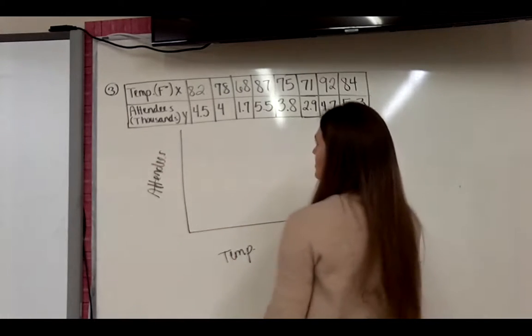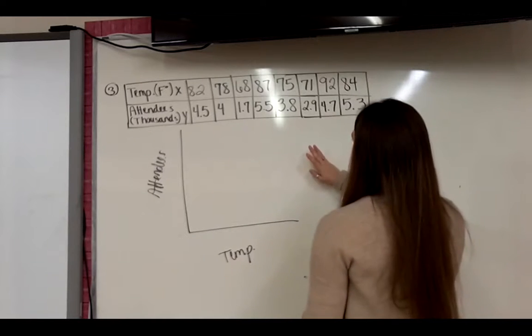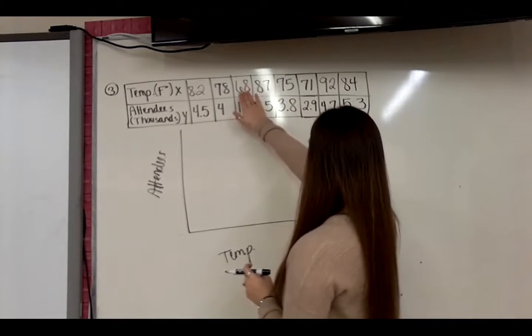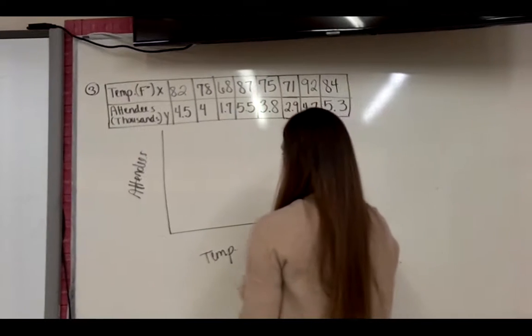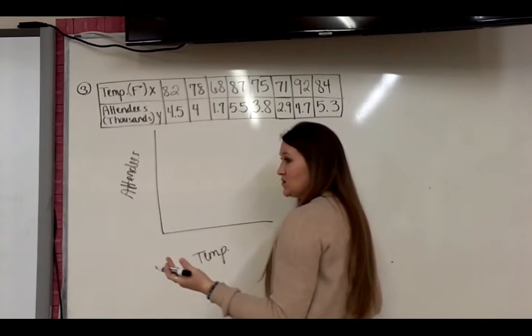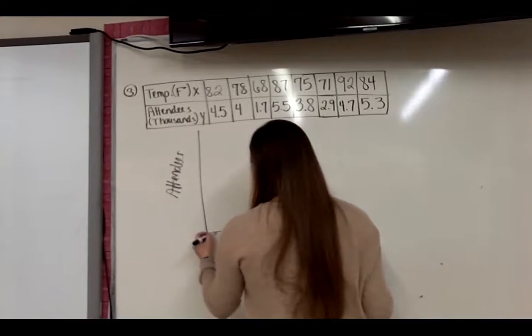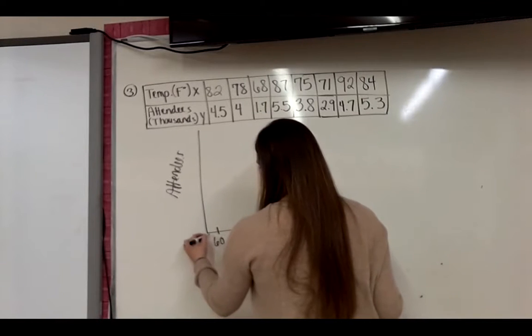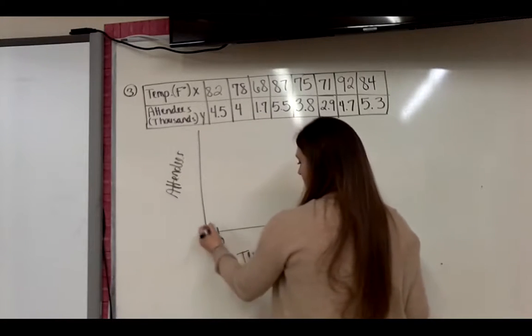Okay, so then our temperature, if we find our lowest, I see 68, and our highest is 92. So I'm going to count by 5s, starting with 60. I'm going to do a little squiggle to note that it didn't start at 0.